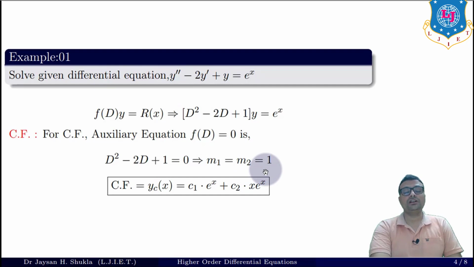These are two real repeated roots of the given auxiliary equation. For this, the complementary function will be (c1 plus c2 x) into e raised to x, which results in c1 e raised to x plus c2 x e raised to x.